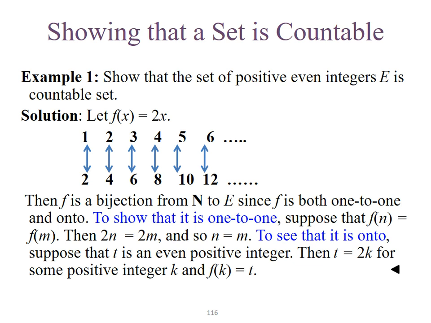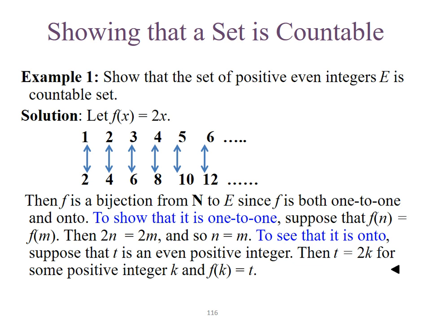We need to prove that this function is a one-to-one correspondence. So first thing is we show that it is one-to-one. Remember the definition of a one-to-one function. If two elements are mapped from elements of set A, we need to show that those two elements of A are the same.